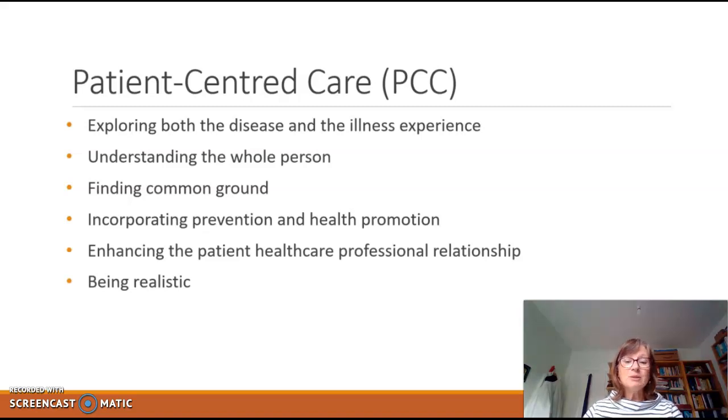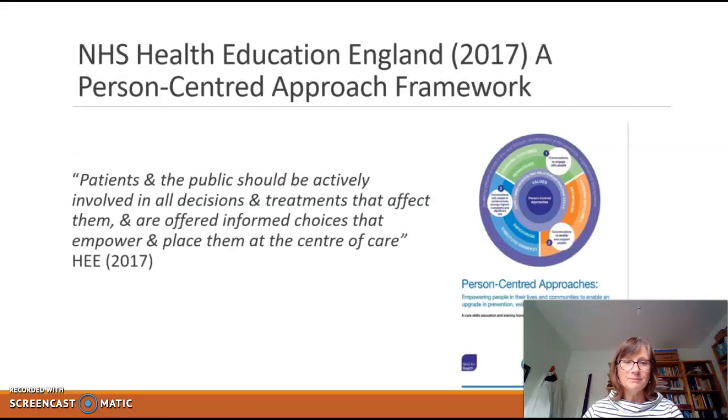So I'm going to just tell you a little bit about what we know about person-centered or patient-centered care and some of the policy documents that are relevant to that. So probably the most important document currently is this person-centered approach framework from NHS Health Education England.